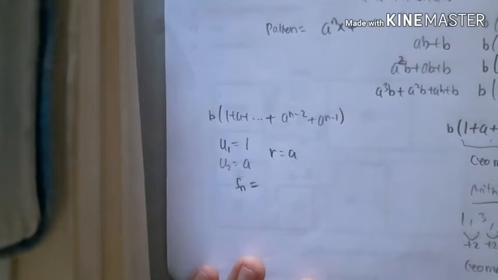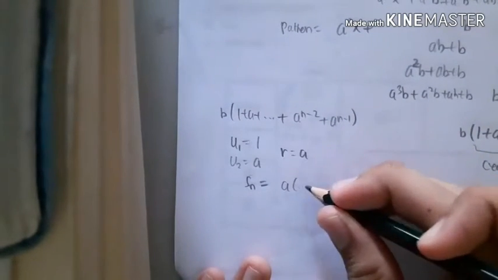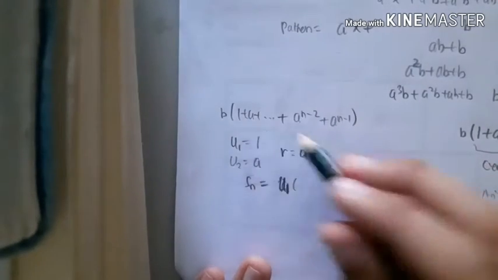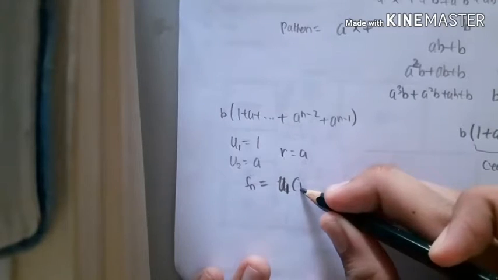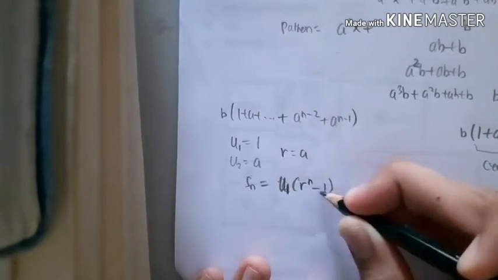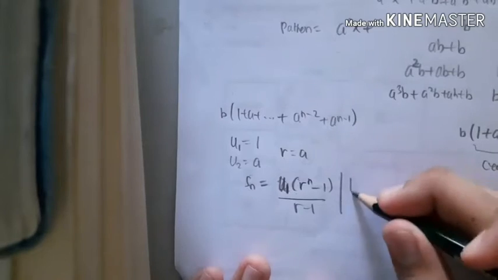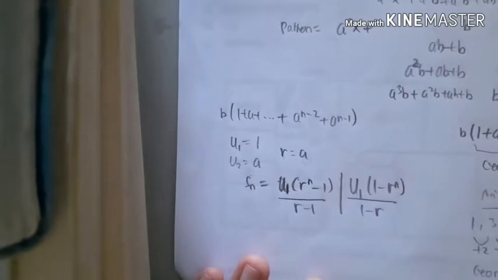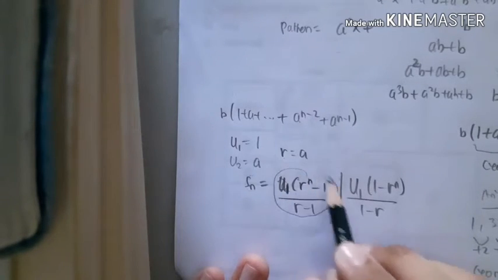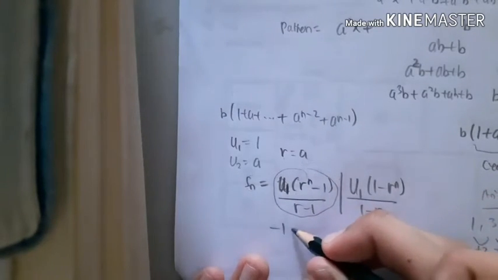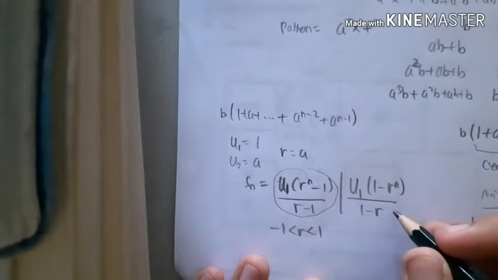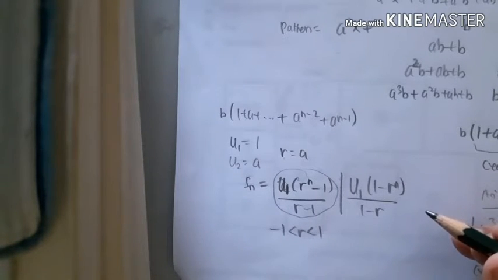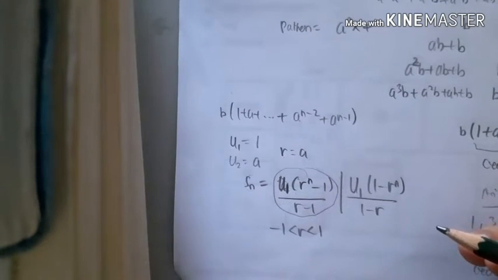The geometric series sum has two formulas: u1 times r to the power of n minus 1 over r minus 1, or u1 times 1 minus r to the power of n over 1 minus r. We use this one if the ratio is between minus 1 and 1, which means that the series is convergent.